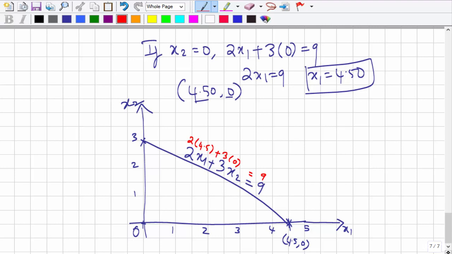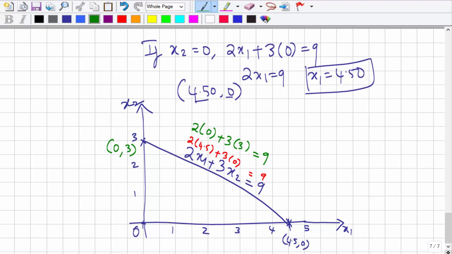Now let's try with the other point. It is 0 comma 3, that is x1 is 0 and x2 is 3. So apply that here: 2 multiplied by x1, which is 0, plus 3 multiplied by x2, which is 3, and it is equal to 9. So on this line, you have this equation exactly equal.